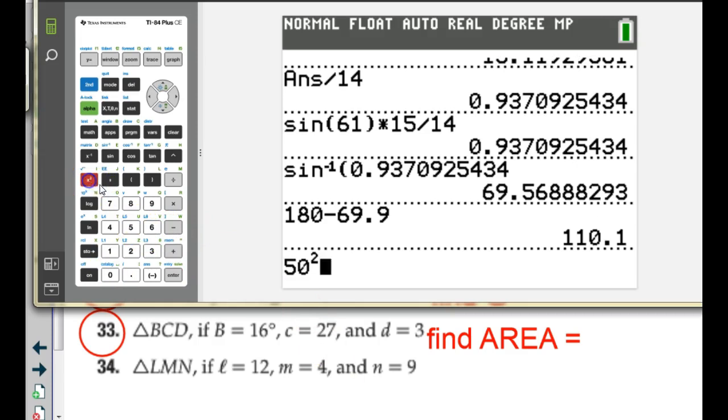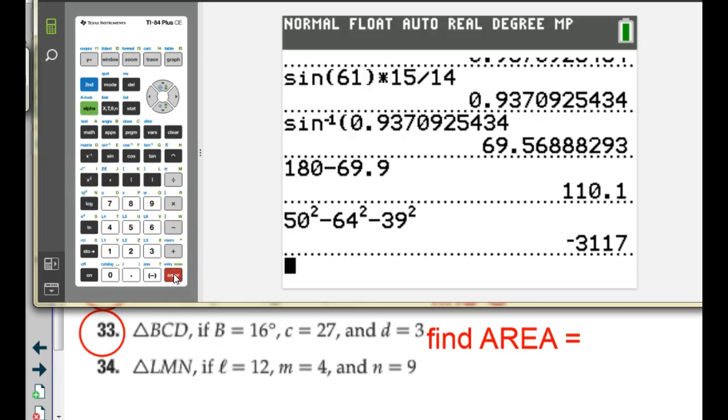50 squared minus... okay. And then the divisor was -2 times 64 times 39, right? Okay.